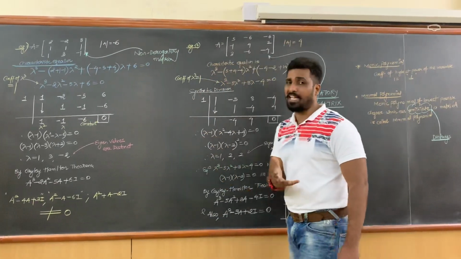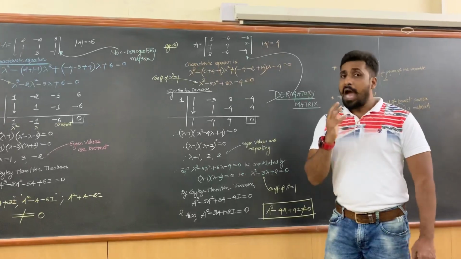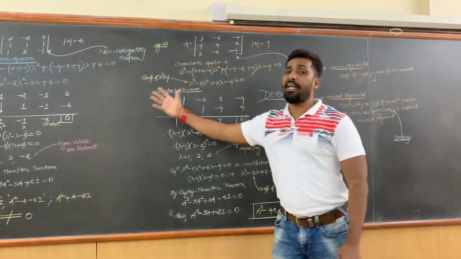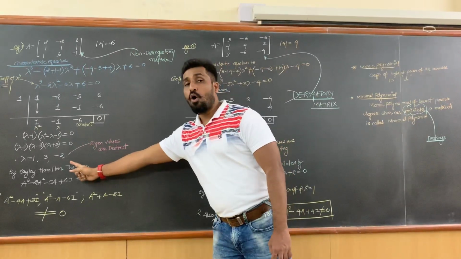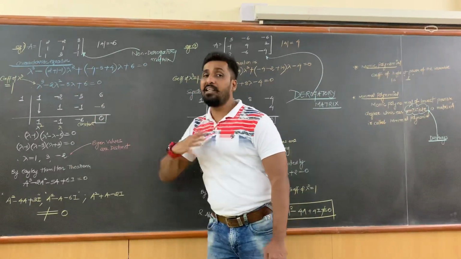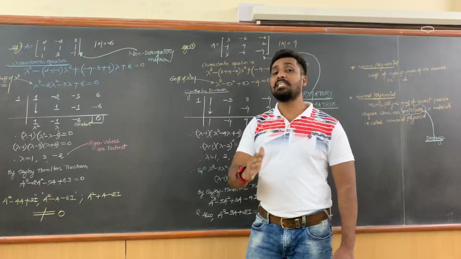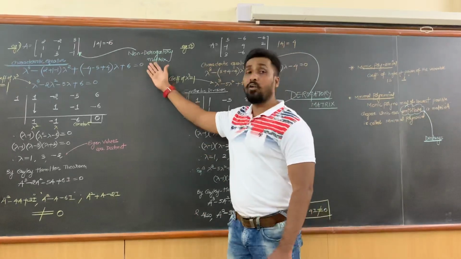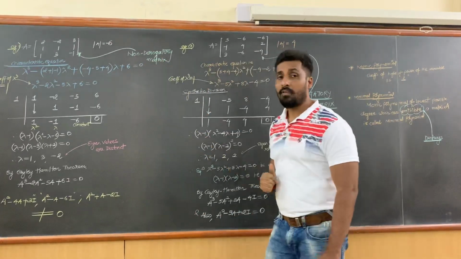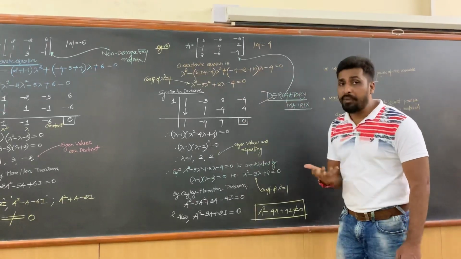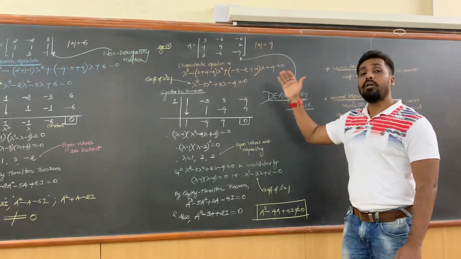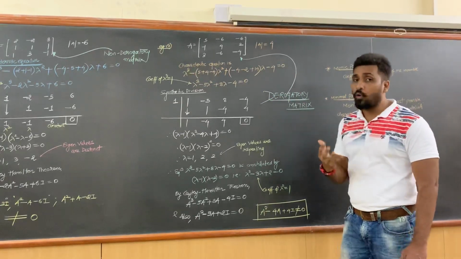That means this particular matrix is a non-derogatory matrix. So here comes the shortcut technique. If the eigenvalues of the given matrix are distinct, the matrix is definitely a non-derogatory matrix. And if the eigenvalues of a given matrix are going to repeat, then the particular matrix is a derogatory matrix.